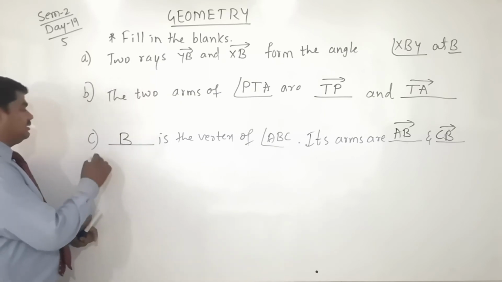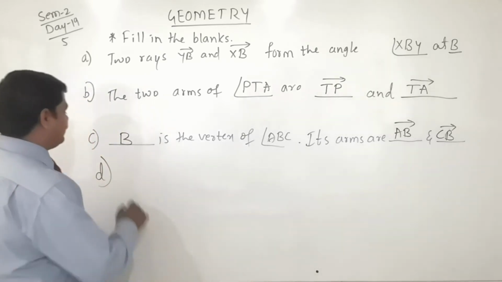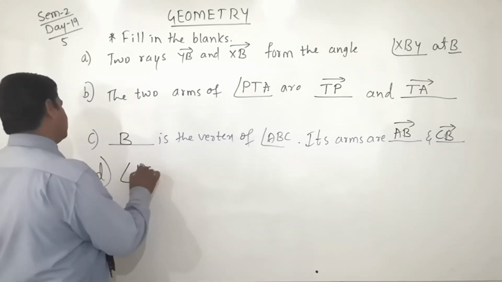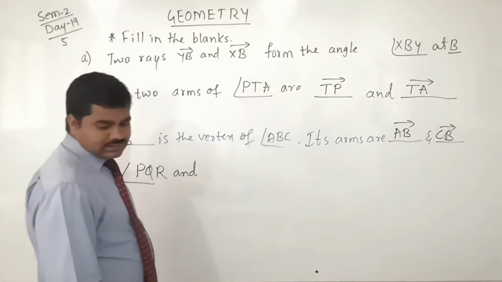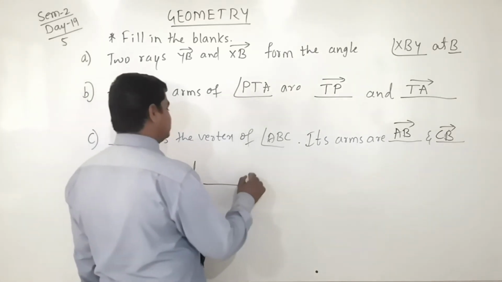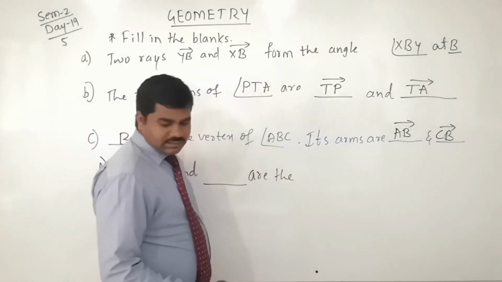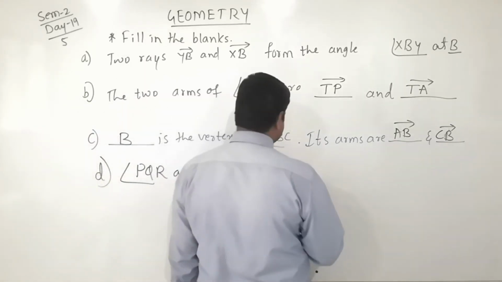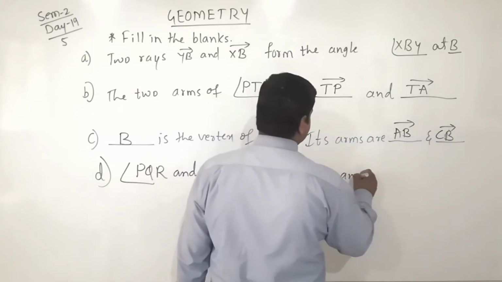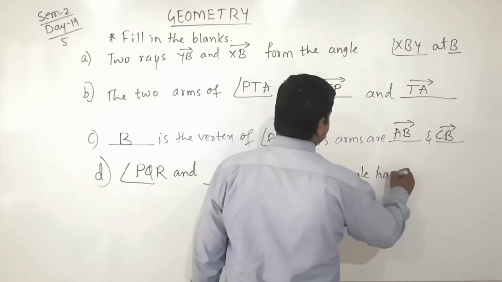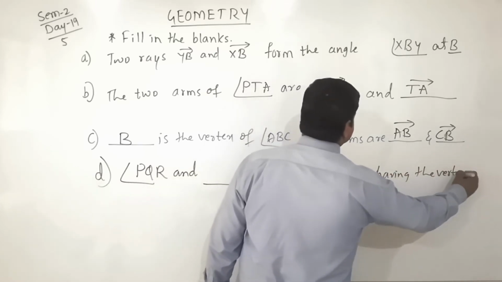Very simple question, D one. Yes, angle PQR and dash are the same angle having the vertex.